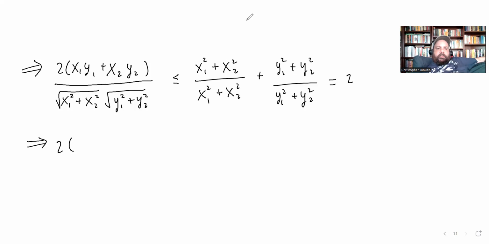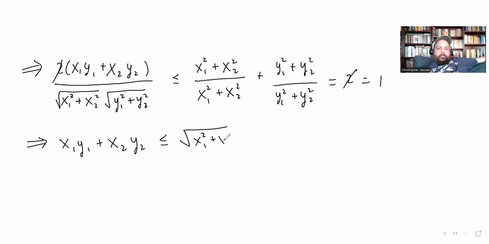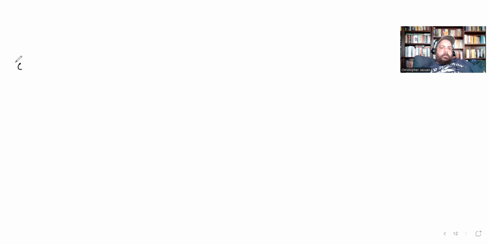And so I don't have to write the 2s, you can divide out by 2 here. That gives you 1 when you do that. All right, so that shows the Cauchy-Schwarz holds.